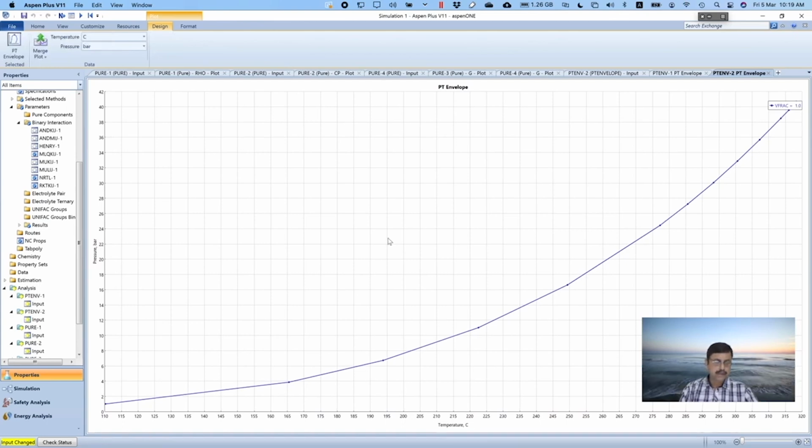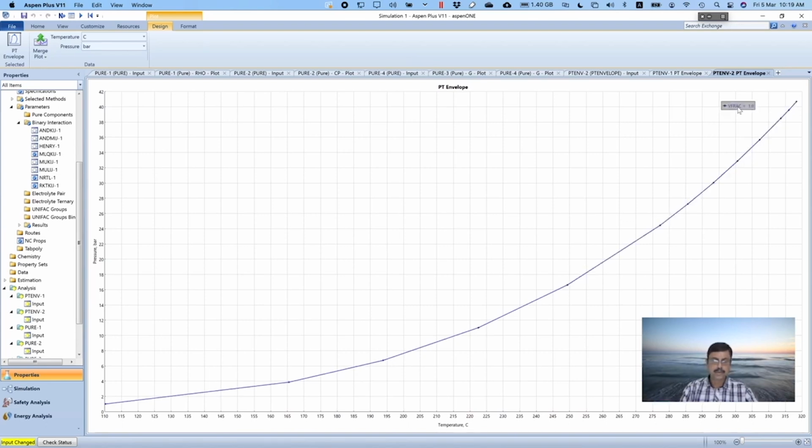So here also you can find that at 1 atmosphere, the boiling point of toluene is around 110 degrees centigrade, whereas the critical temperature and pressure of toluene is 318 degrees centigrade and 40.7 bar.